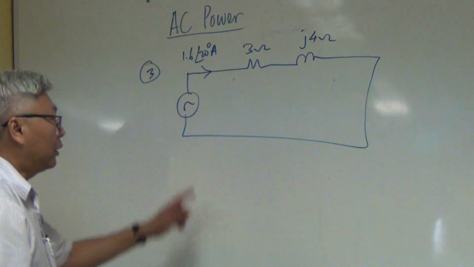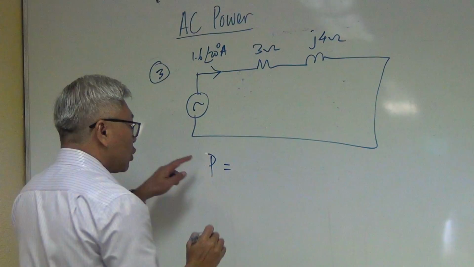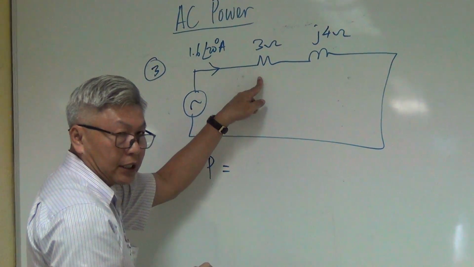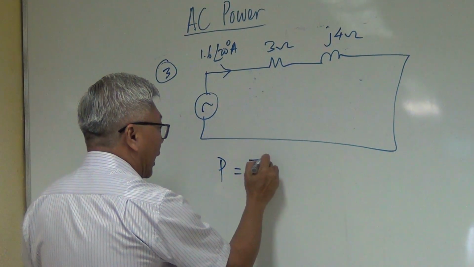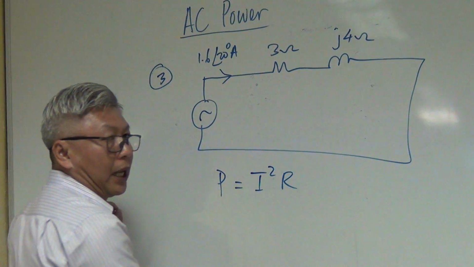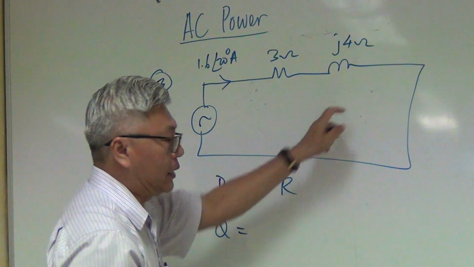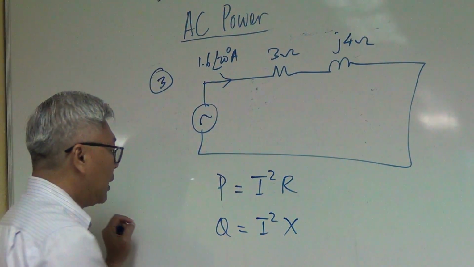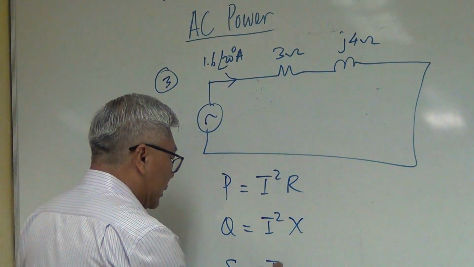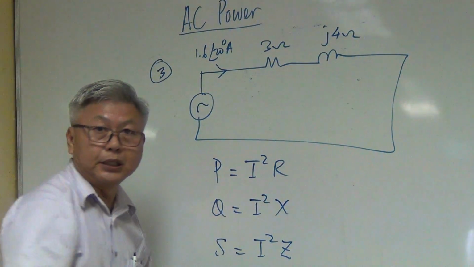Now, if you are having this kind of information, because true power, active power happens in the resistor, P can be the I squared R formula. And Q happens in the reactance, so it's I squared X. And apparent power is I squared Z. Apparent power happens in the overall impedance.